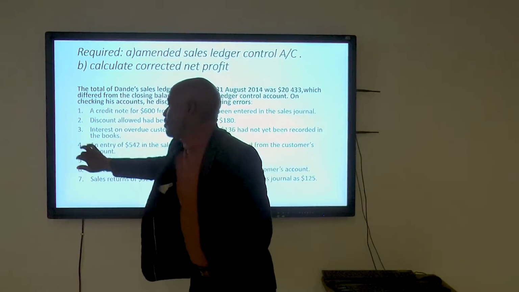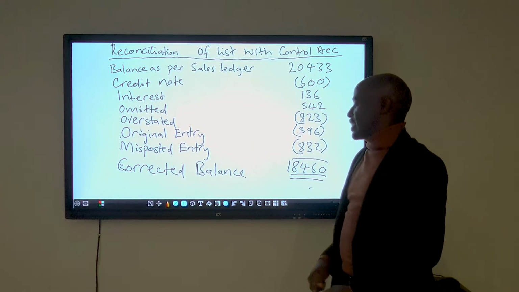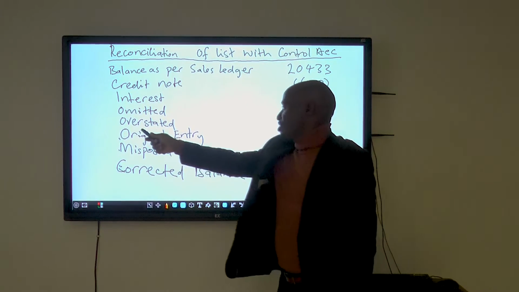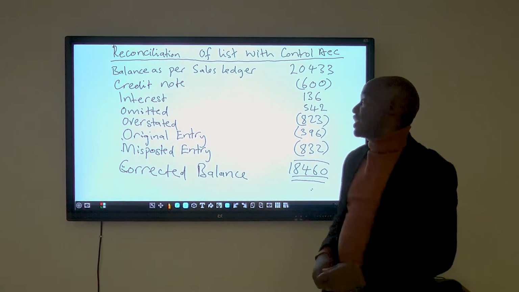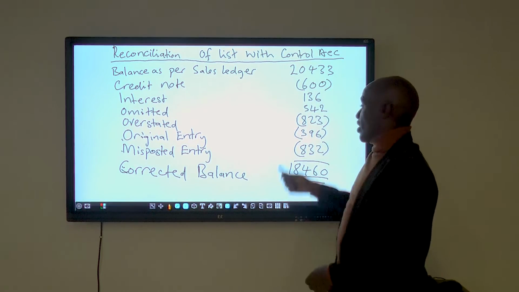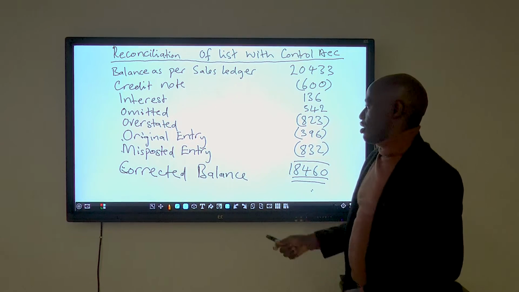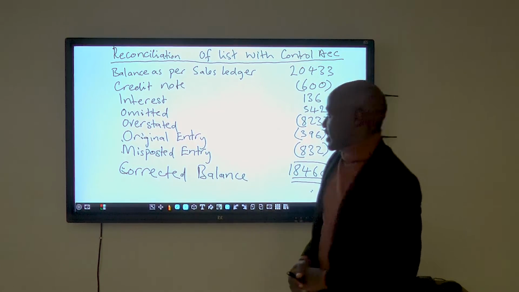So as you can see from our statement of reconciliation there, we have an overstated figure here, 823, and we are deducting it from our debtors figure of 20,433. So we need to review down our debtors figure there.